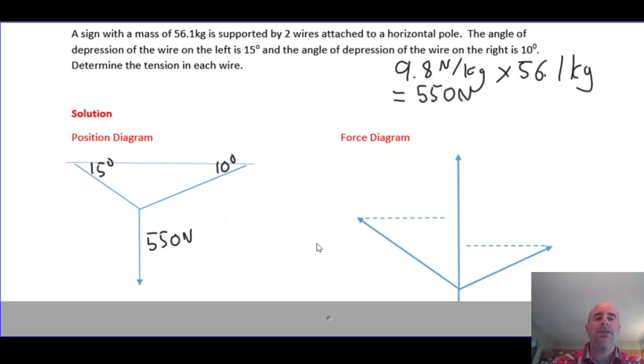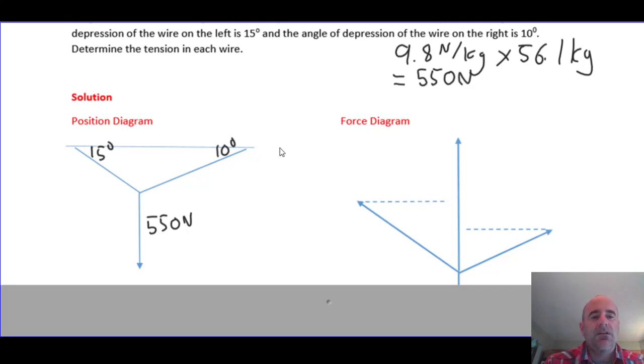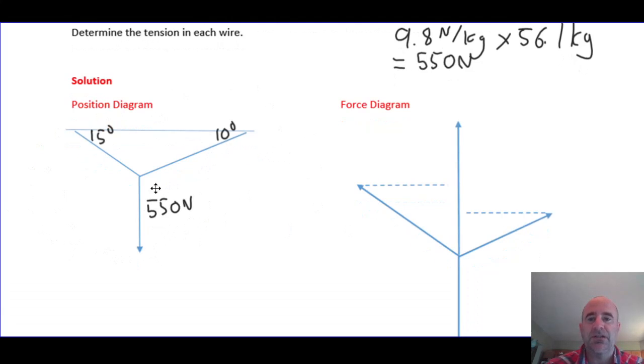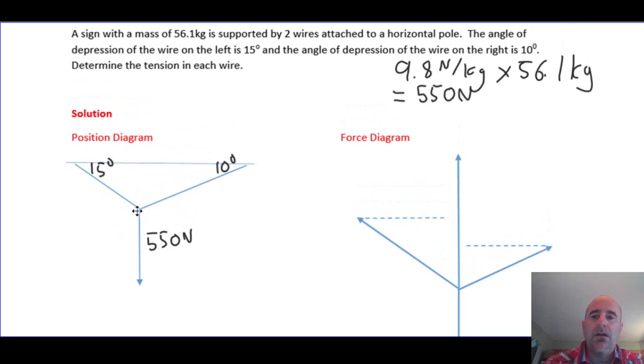Now, the one thing that's complicated about this is that I like to think of it this way. The position diagram doesn't help us with the forces as much as we'd like. As it turns out, if you have 2 wires that support this sign, the wire on the left, although it's shorter because it makes a bigger angle, it actually takes more of the weight.